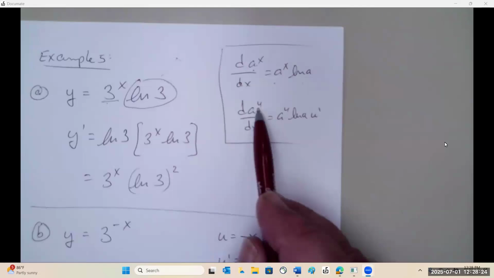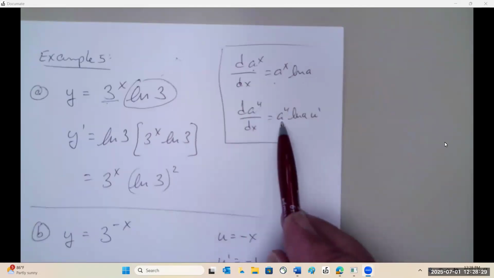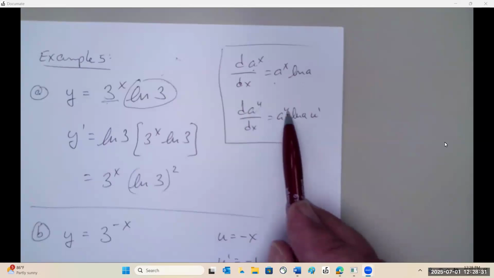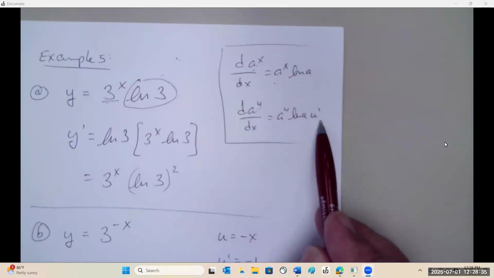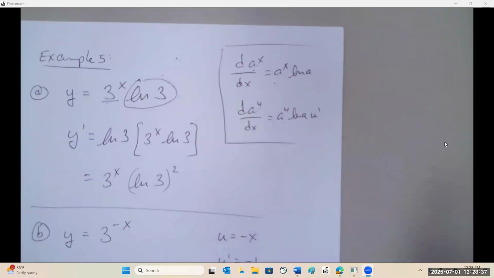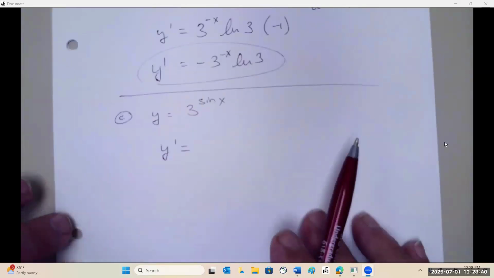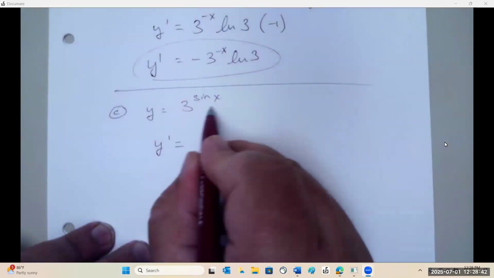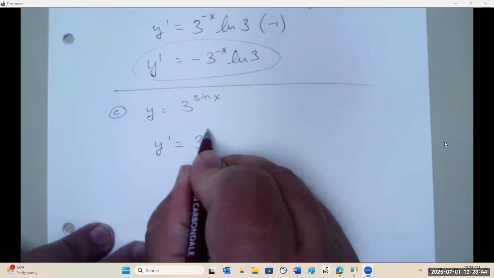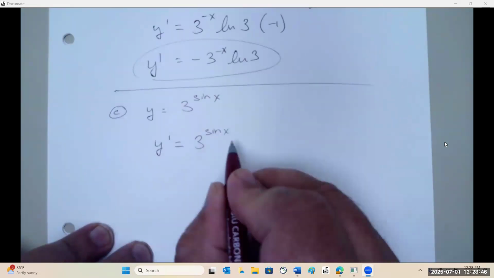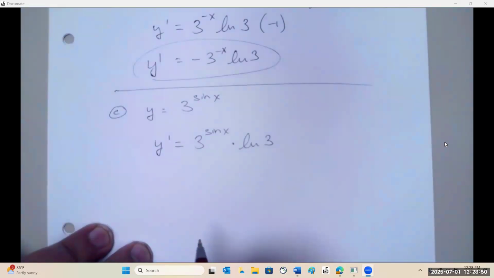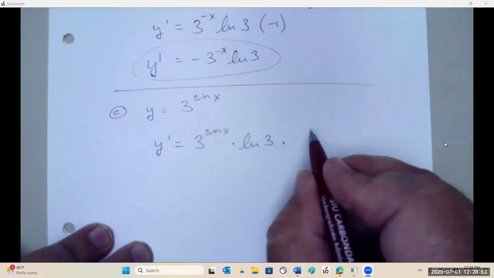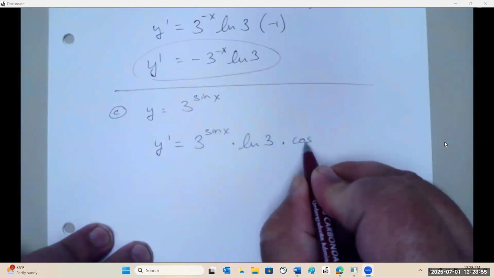We're going to use the second formula since the exponent is a function: a to the power u, times ln a, times the derivative of the exponent. So we're just going to write the equation down, times ln of the base, times the derivative of sine, which is cosine.